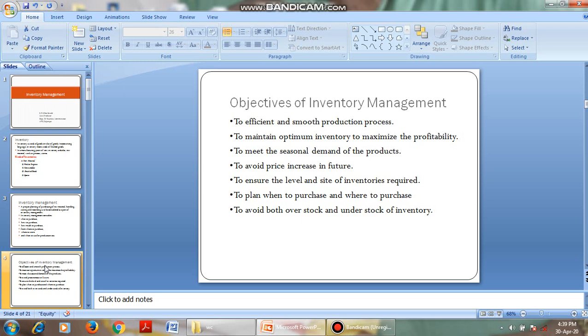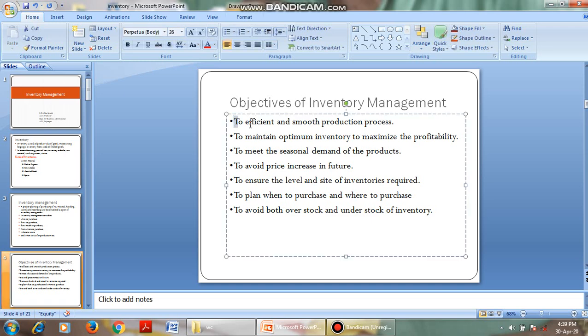Then coming to the objectives of inventory management. The first is efficient and smooth production process. If you don't maintain the inventory management process, then the production process will get delayed or will not complete smoothly.